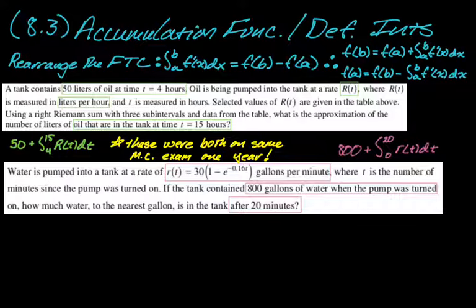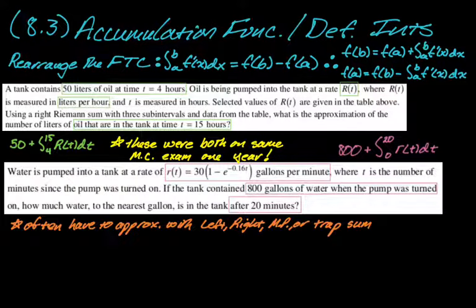All right, so a couple of things that I think of when I think of this. You often have to approximate these with either a left, right, midpoint, or trapezoidal sum. The first question there was asking you to approximate, for example, using a right Riemann sum.